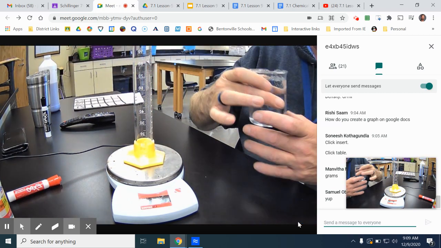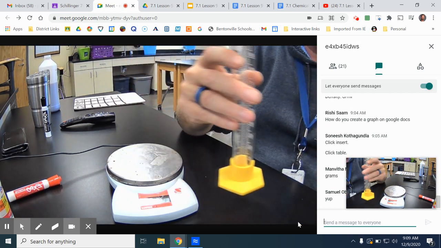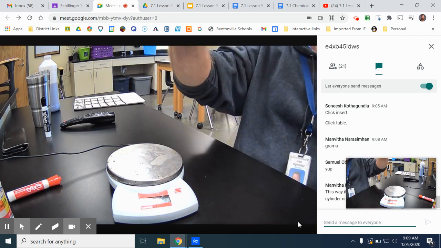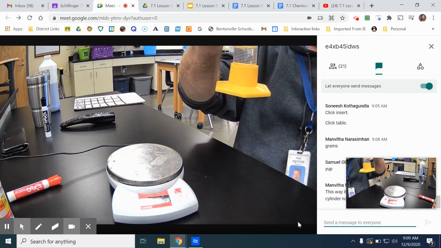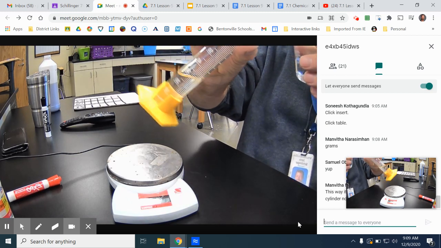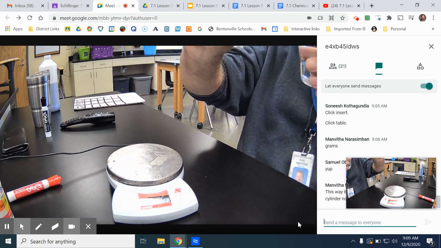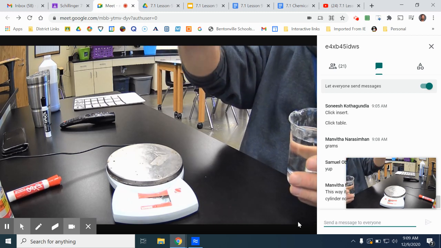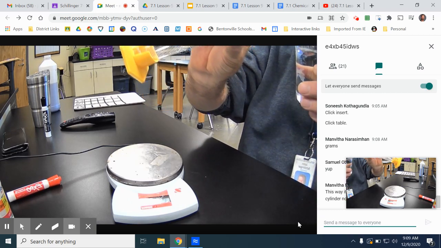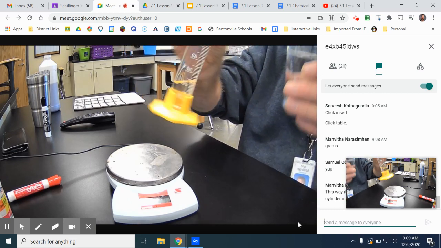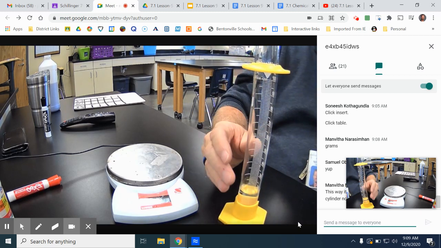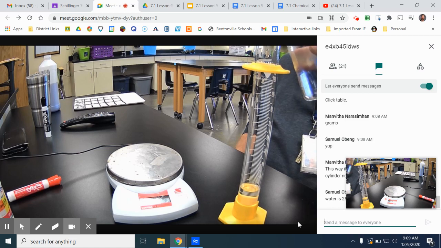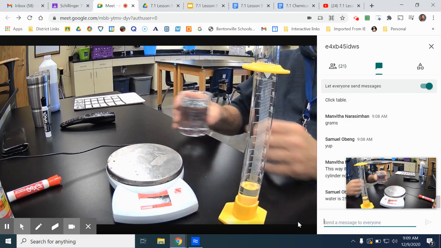So I'm going to measure 25 milliliters of water. That is going to be my first measurement. So go ahead and write down the volume is 25 milliliters. Milliliters is a measurement of volume. Wait, so we put this in one of our graphs, 25 milliliters, right?